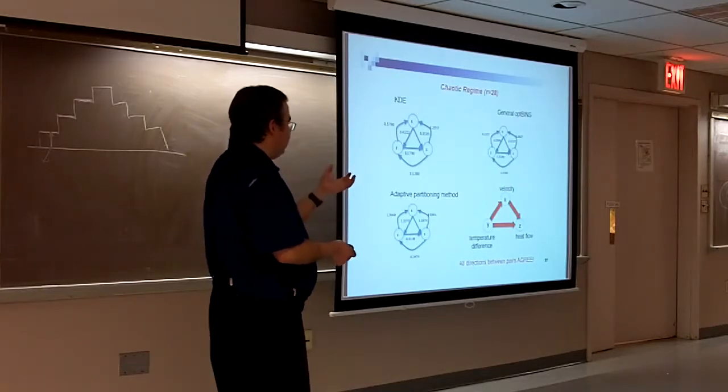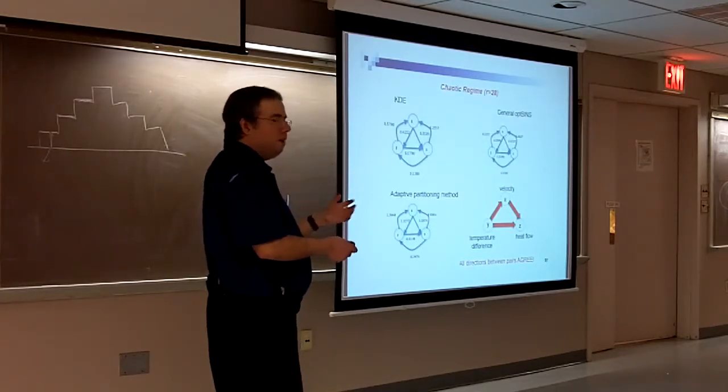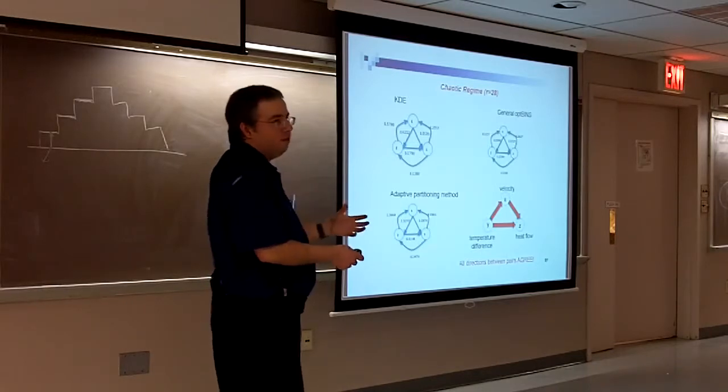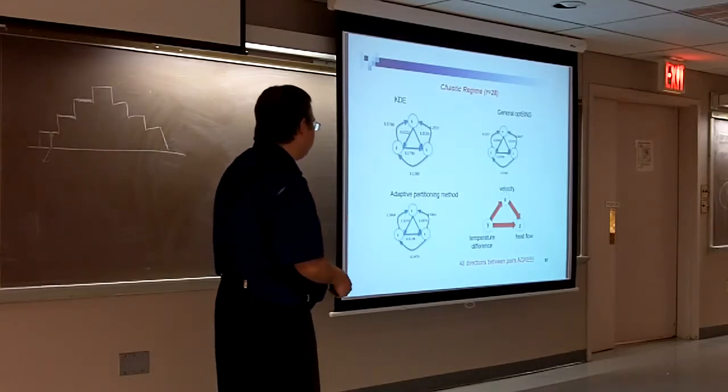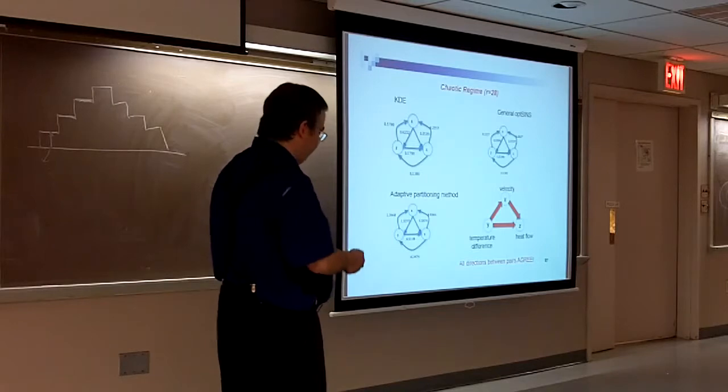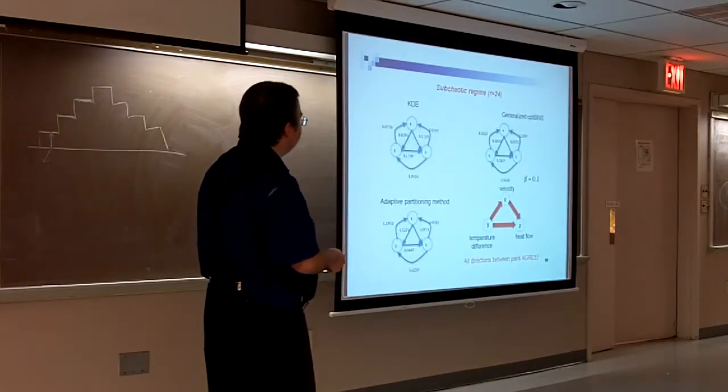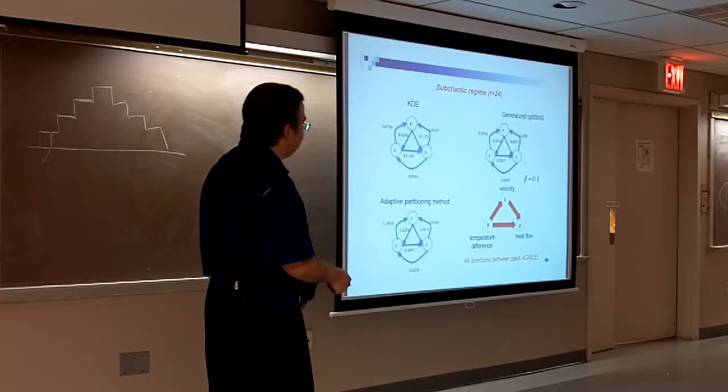It also affects the heat flow, and velocity affects the heat flow. That's true. So all directions between pairs agree. In the subchaotic regime, when you change the R value, again, all these values agree, and the directions are the same again. So again, it's true.